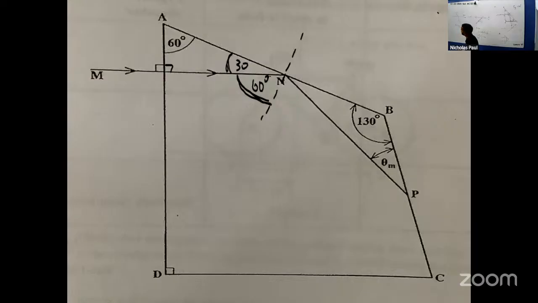Cassie, are you there? Could you explain why total internal reflection happened here?